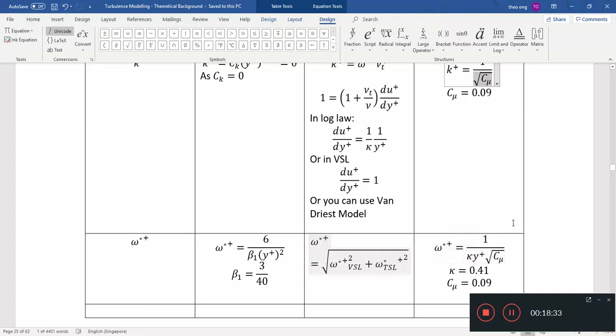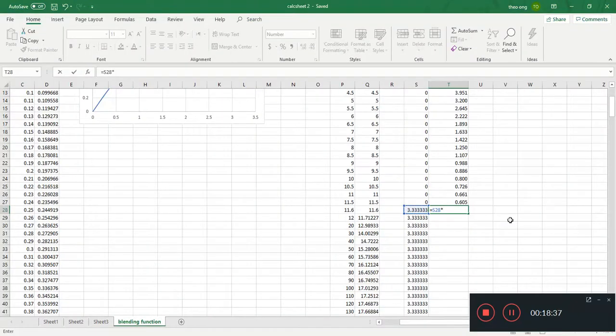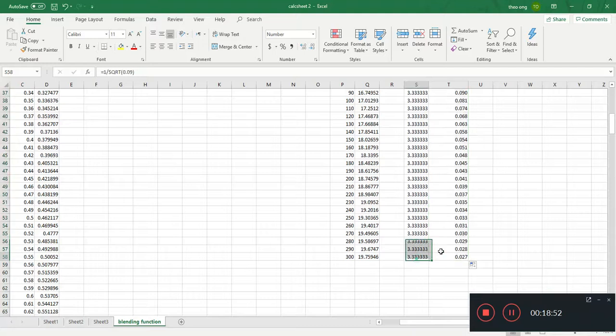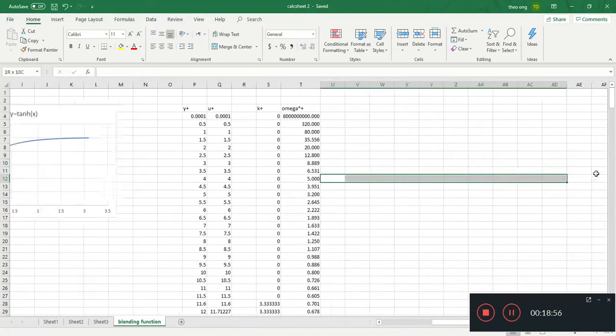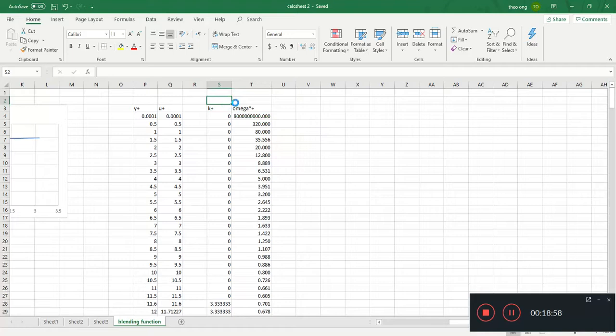So equals k plus times 1 divided by kappa, which is 0.41, times the value here, y. So 7.01, and then you go all the way down as the viscous dissipation gets less and less. So this is based on the law of the wall.